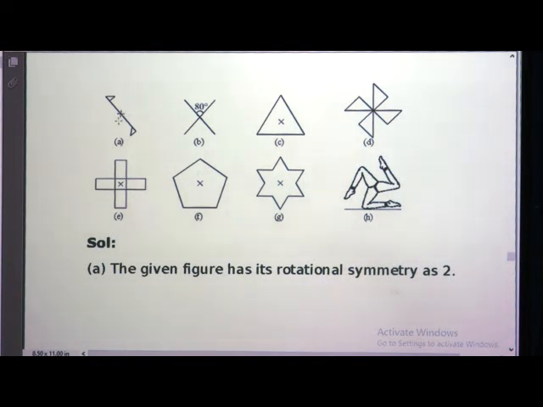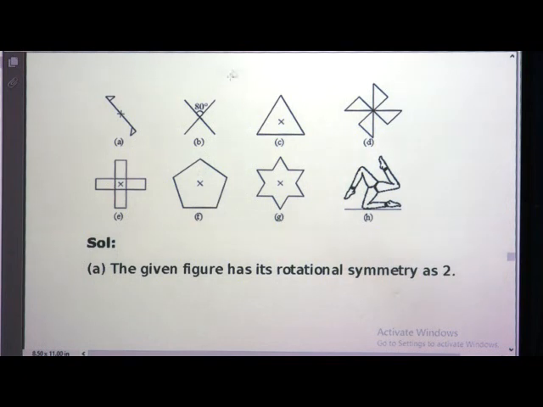You can find a small x over here. It will rotate and come back to the original position after rotation: one will be this 180 and another will be another 180. If you color here, you can find the 2 rotations, and we can say its rotational symmetry is 2.